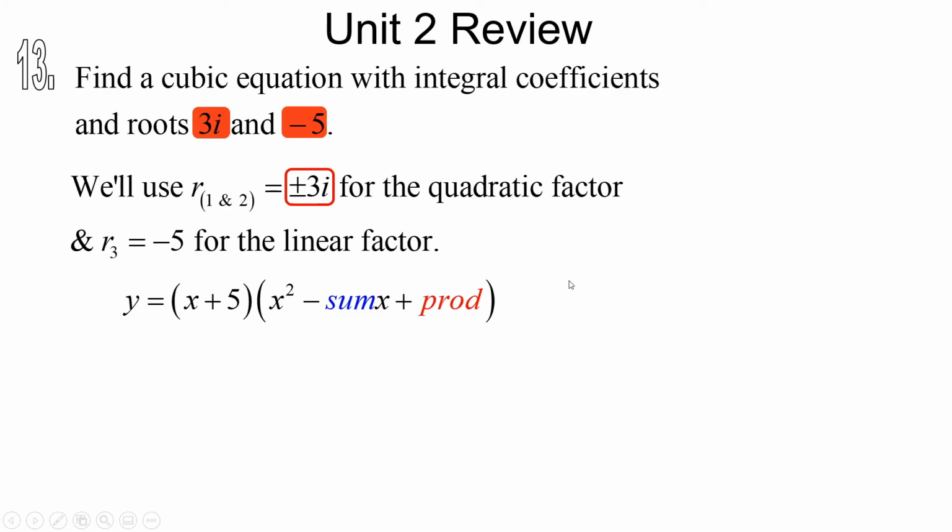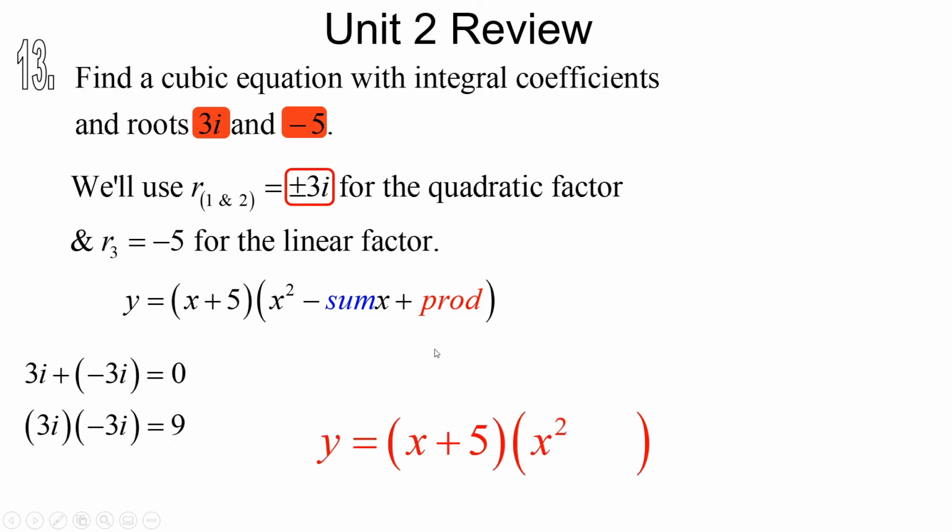So let's add plus or minus 3i, and then multiply them. 3i plus negative 3i is 0, so I have 0 x's, and then 3i times negative 3i is negative 9i squared. i squared is negative 1, so that's a positive 9. So the product is 9. I am done right now. y equals x plus 5 times the quantity x squared minus the sum of the roots times x plus the product of the roots. I have 0 x's, but I have a product of 9: x squared plus 9. Beautiful problem.